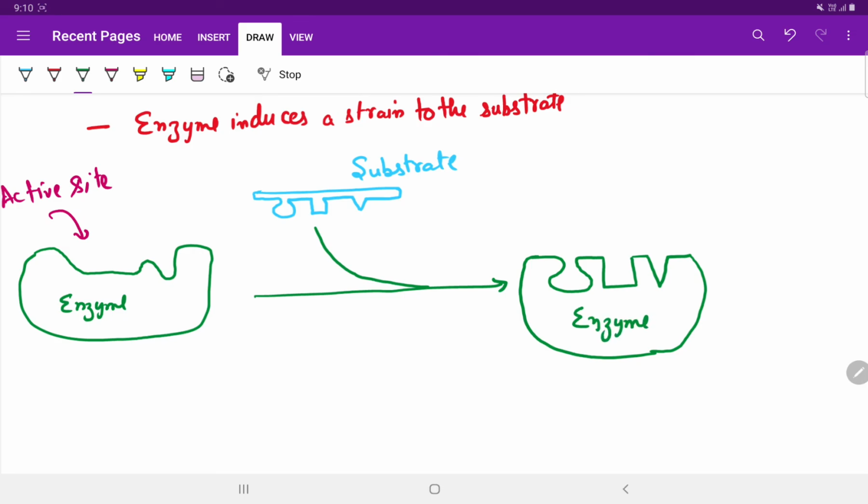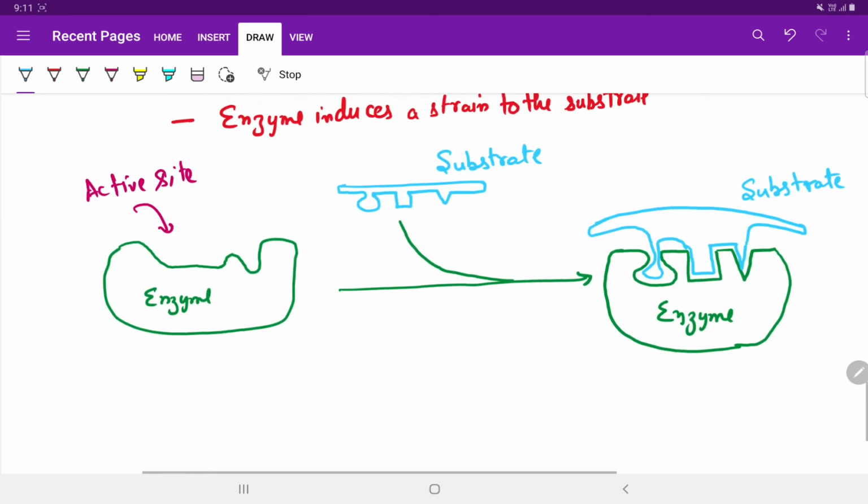Now this is an enzyme, and there is an induced strain on the substrate, which usually leads to bending of the structure. So you can see here that there is a bending of the substrate due to the strain induced.